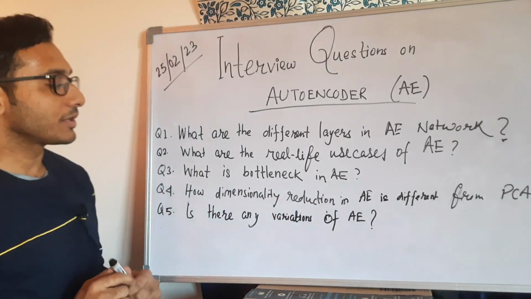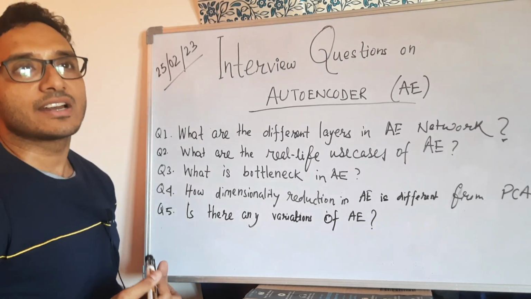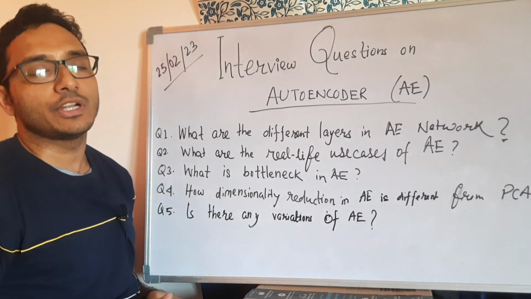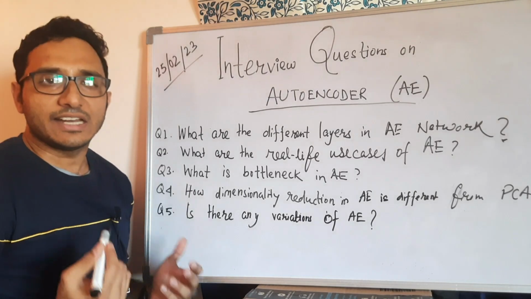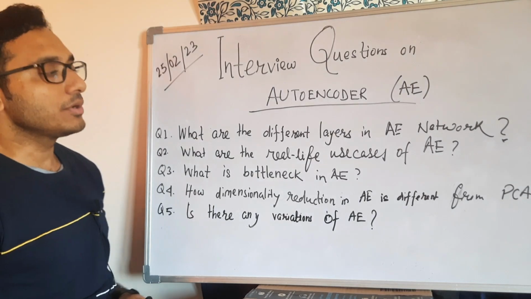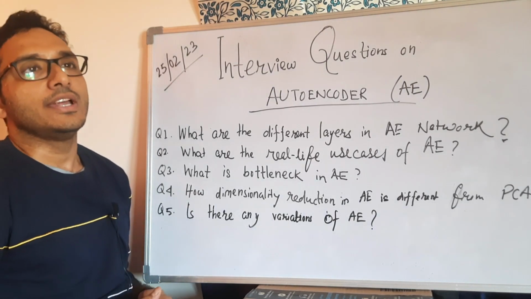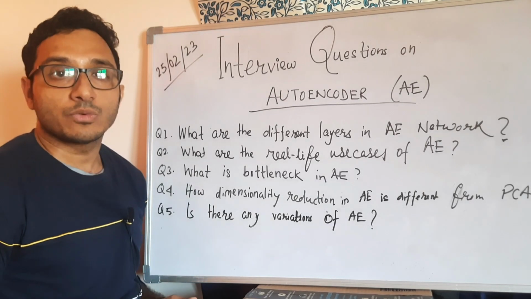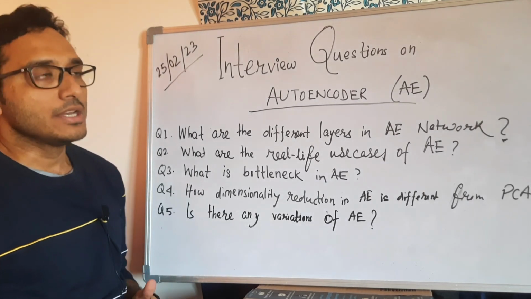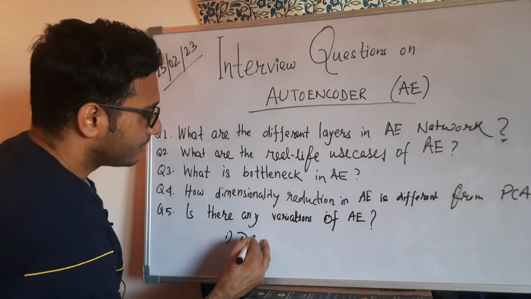Now coming to the last question, is there any variation of autoencoder? Definitely there are different kinds of autoencoders, but in an interview you should not mention more than 3 or 4. So I am mentioning 3 autoencoders that you can mention in your interview if the interviewer asks what the different kinds of autoencoder are. Number 1 is deep autoencoder.